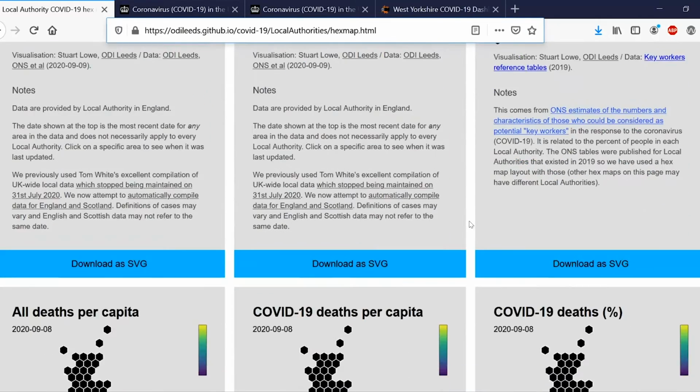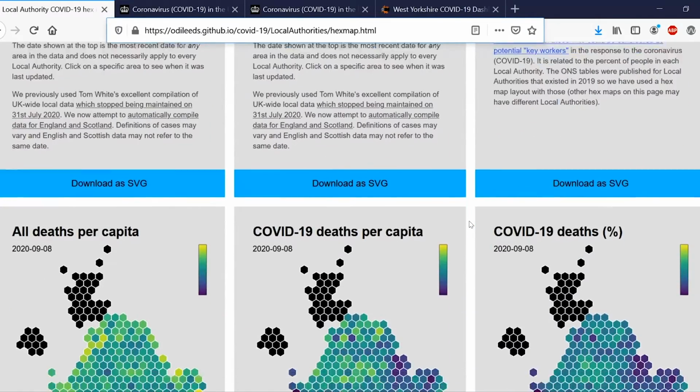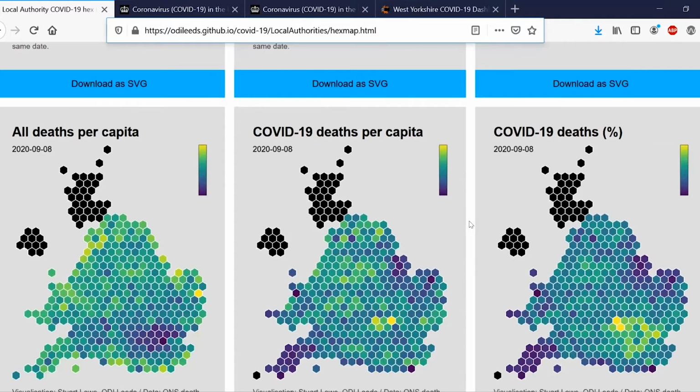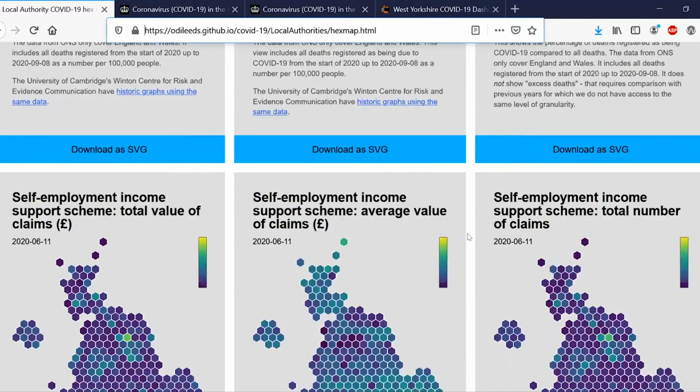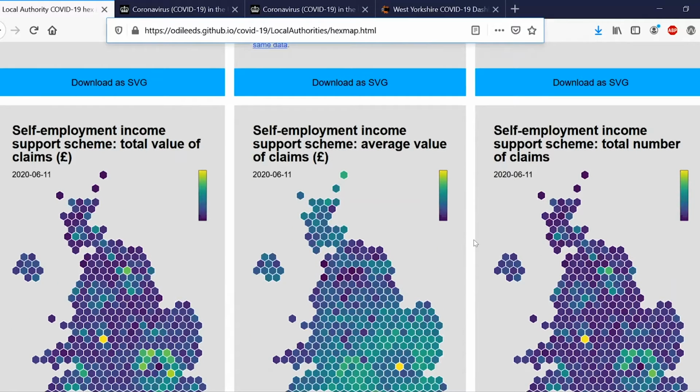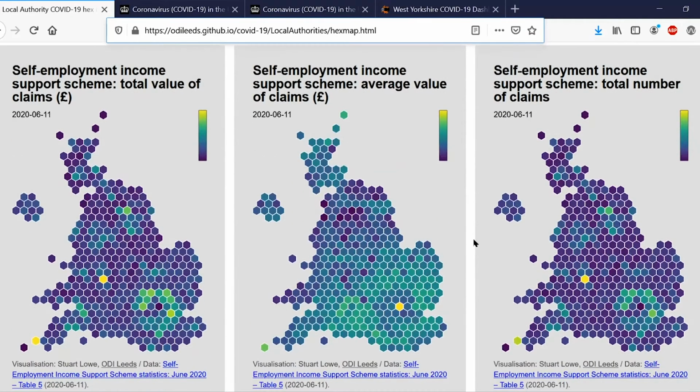I haven't seen the thing that you mentioned, Paul, about the government using Hexmap. Anyway, it's also got all deaths per capita using ONS data, then what number of them are COVID deaths, and then the fraction of COVID deaths compared to all deaths. So each of these hex maps tells a slightly different story, and I think you need to look at the notes underneath to work out what's going on, but also use some sense of what you know about the country to work out what the stories are.